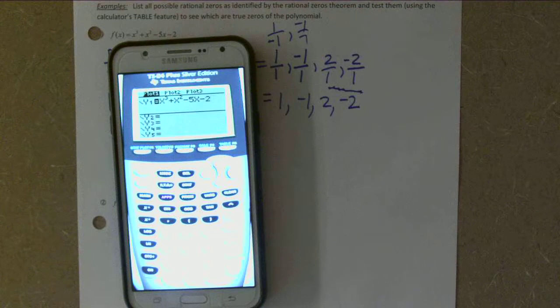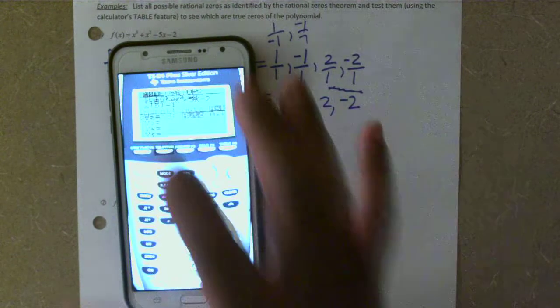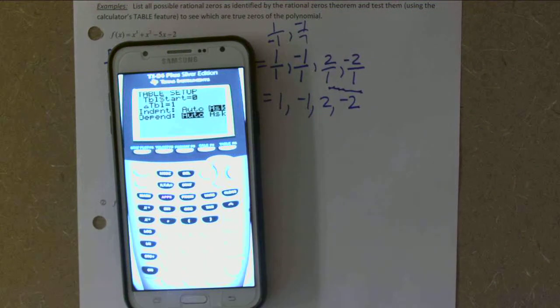So first thing that you need to do, in preparation for problems that require you to either deal with very large numbers or fractions, press second and then window. Okay, now, do you see where it says independent?